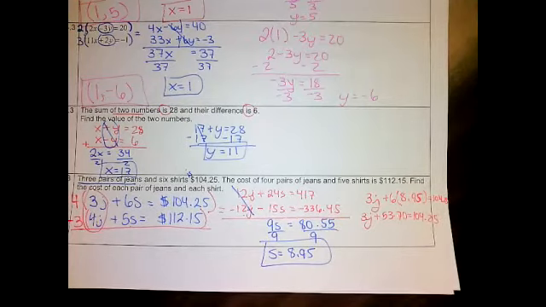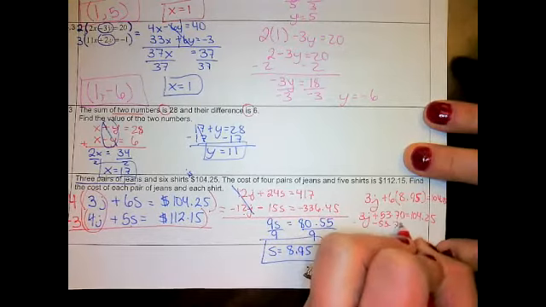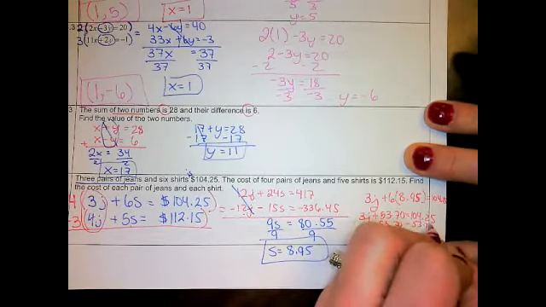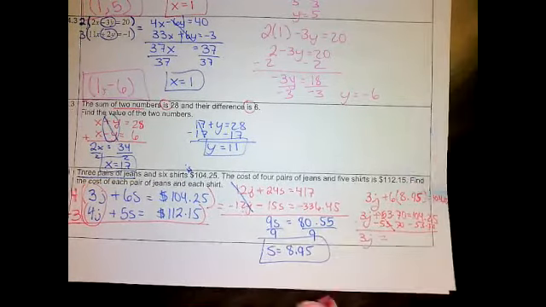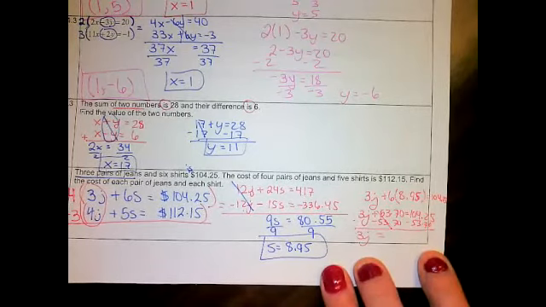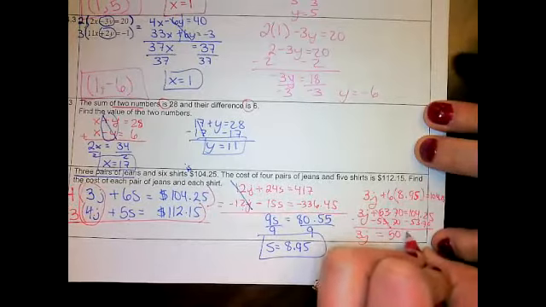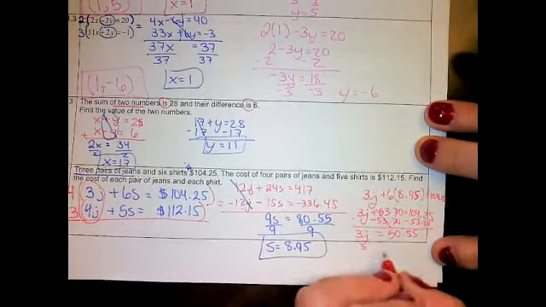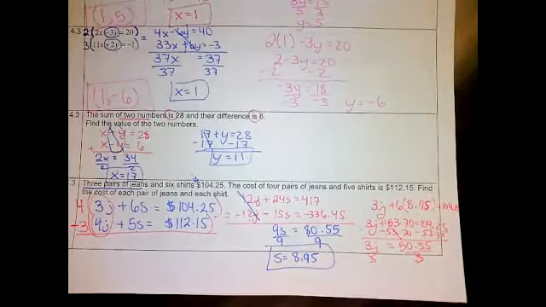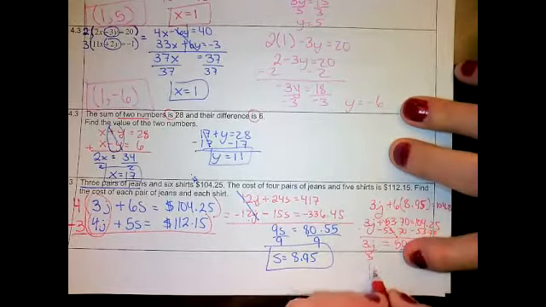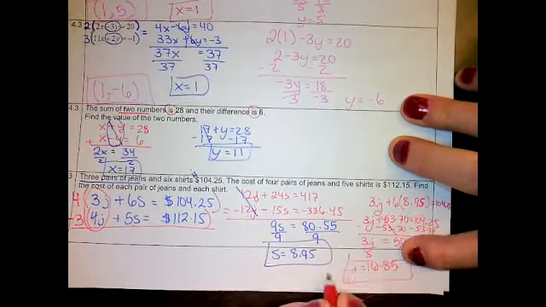Subtract 53.70 from both sides. And I get 3 pairs of jeans equals $50.55 divided by 3 gives me $16.85. So 1 pair of jeans is $16.85.